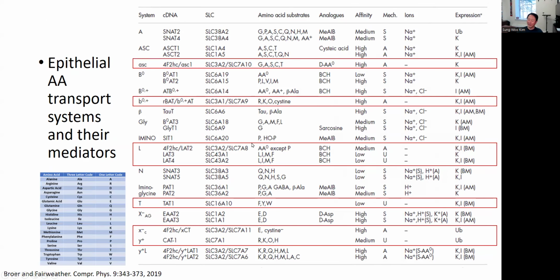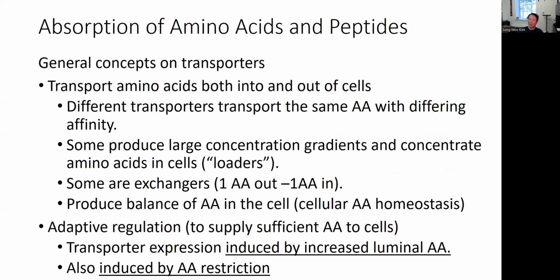Okay, I actually have a copy of part of the tables here. This is one from 2019. There are so many of them, and in this table they organized the results showing different systems and matching SLC, and what amino acids are used by these different systems or SLC.